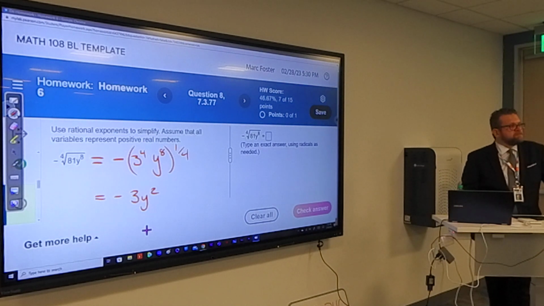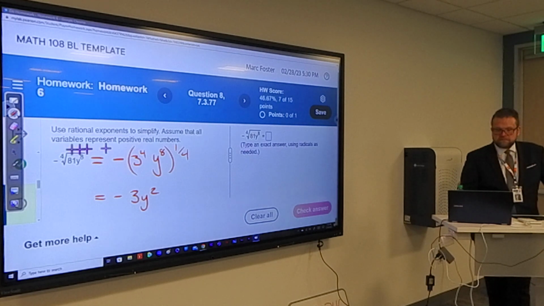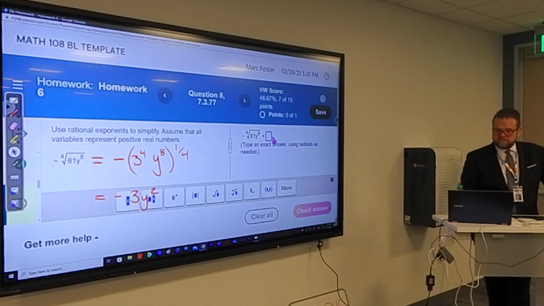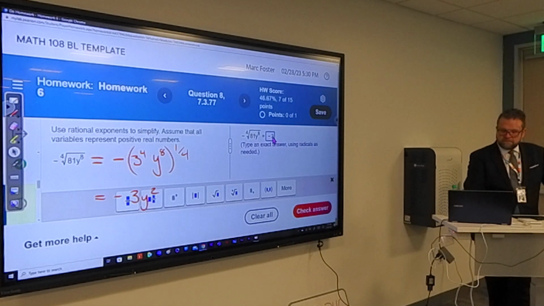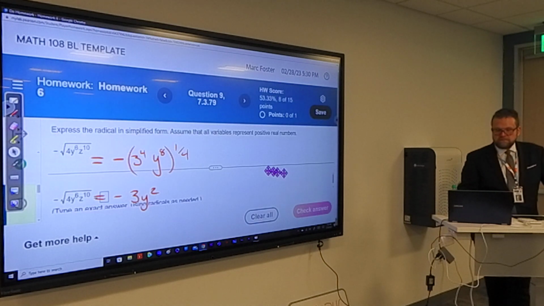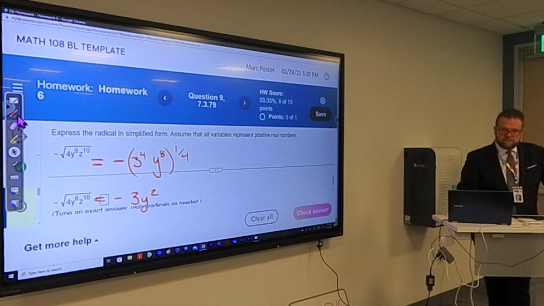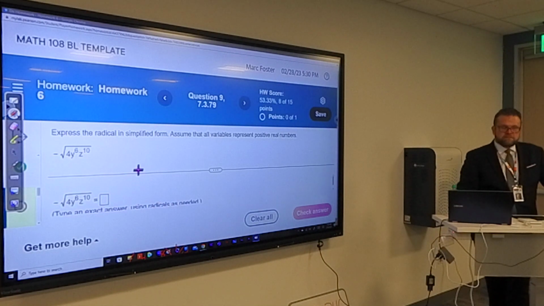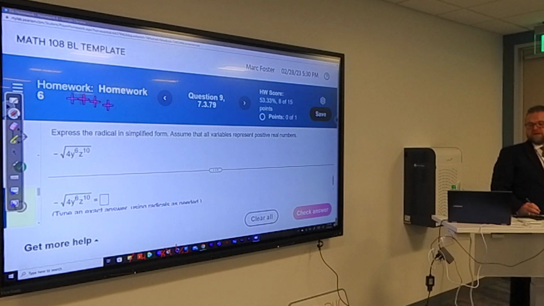Make sense? Both those exponents are even. All the exponents here are going to be even, and my index is 2, so this will simplify completely.